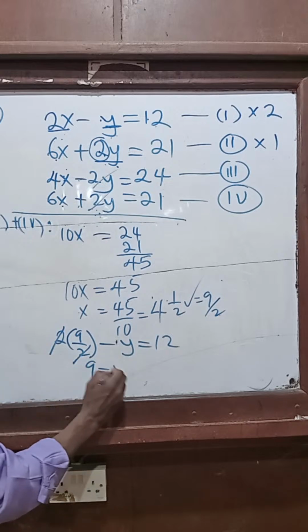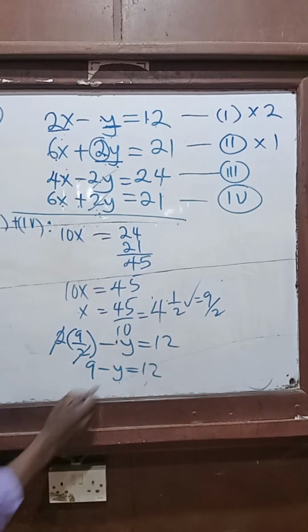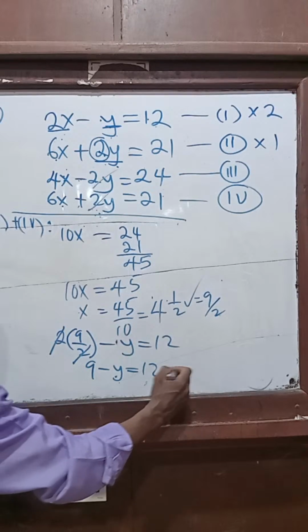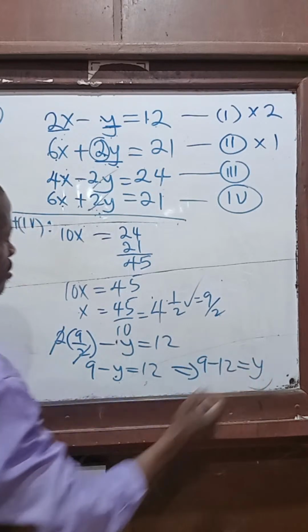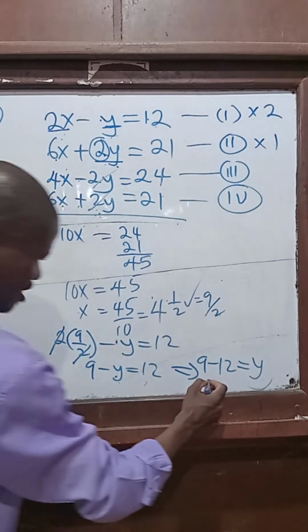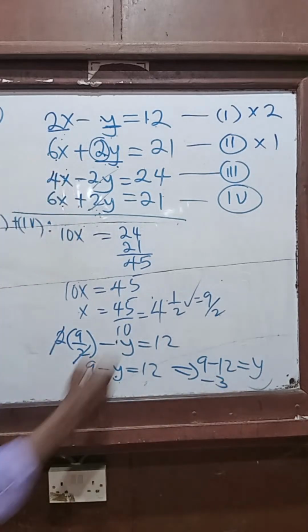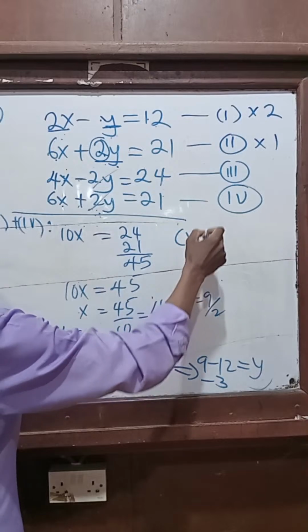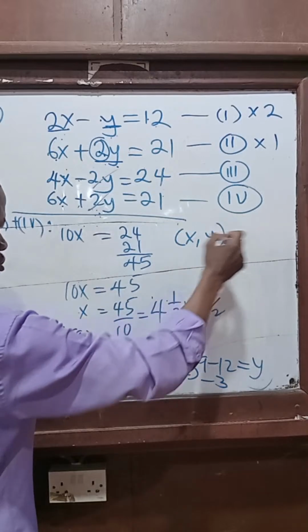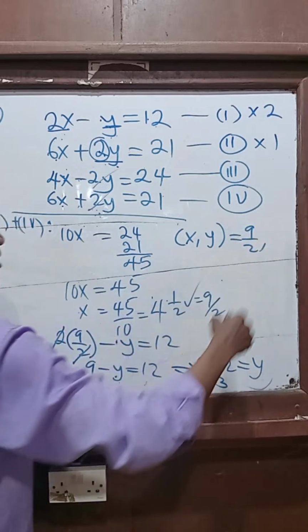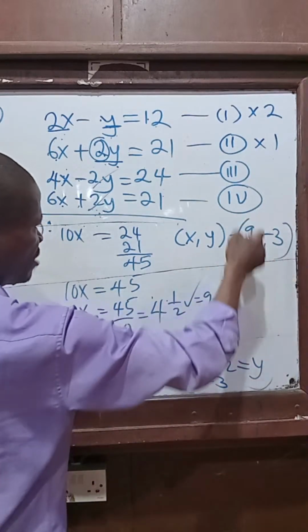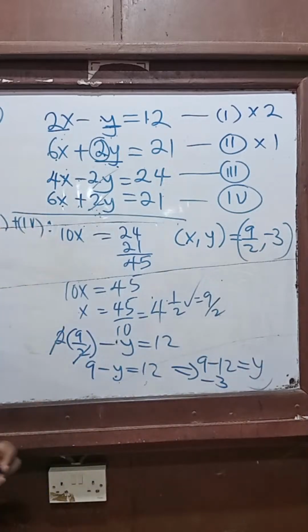I have 9 minus y equal to 12. Move this 9 to the other side. So we have 9 minus 12 equal to y. That's minus 3. So if you want to write your answer in xy coordinates, my x is 9 over 2 and my y is minus 3. So that's that for this question.